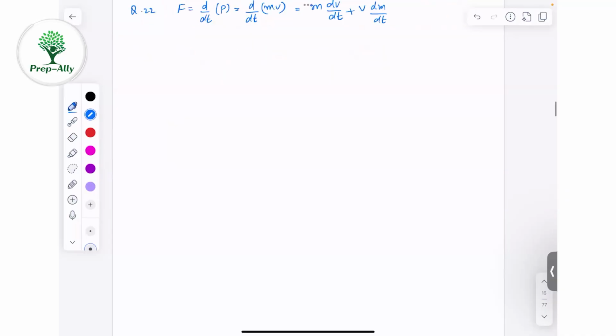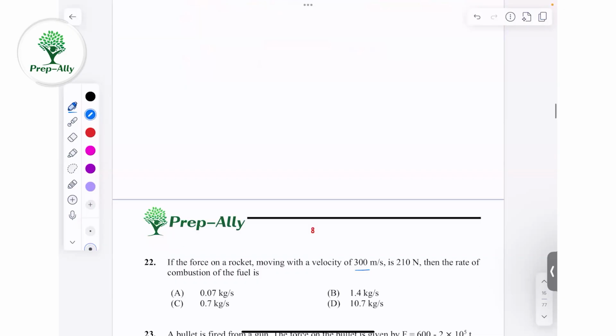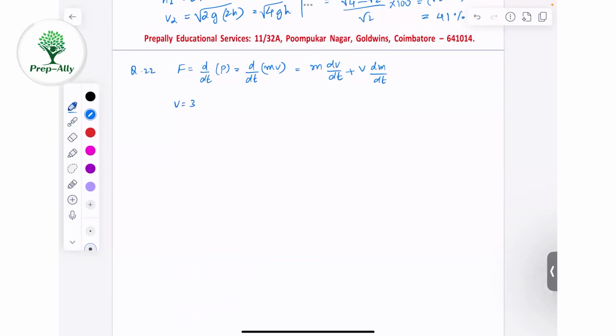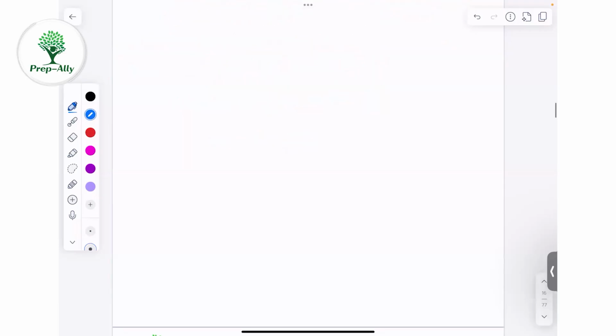So here they have given a constant velocity for the rocket, which means the speed of rocket is not changing with time. So v is 300 meter per second, implies the rate of change of velocity is now 0. That makes force just v dm by dt. The force given is 210 Newton. The velocity of rocket is 300 meter per second.